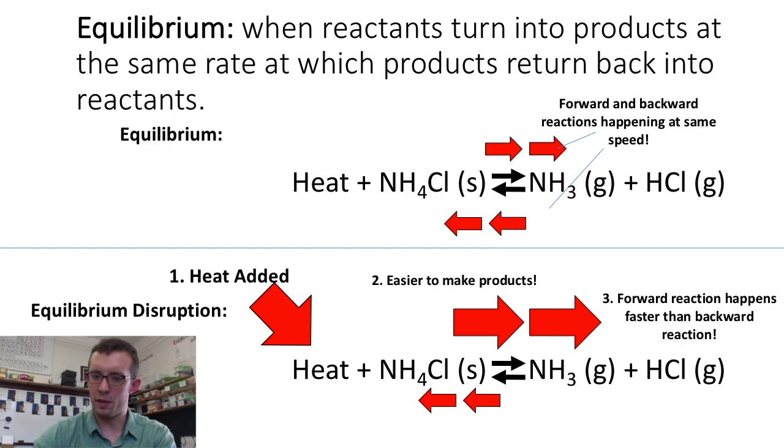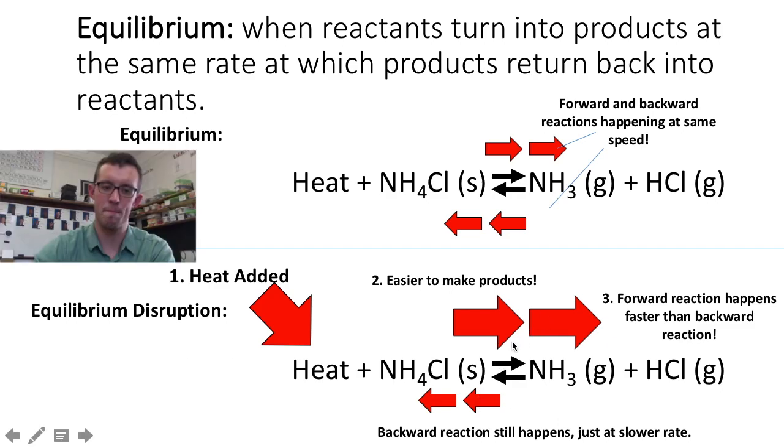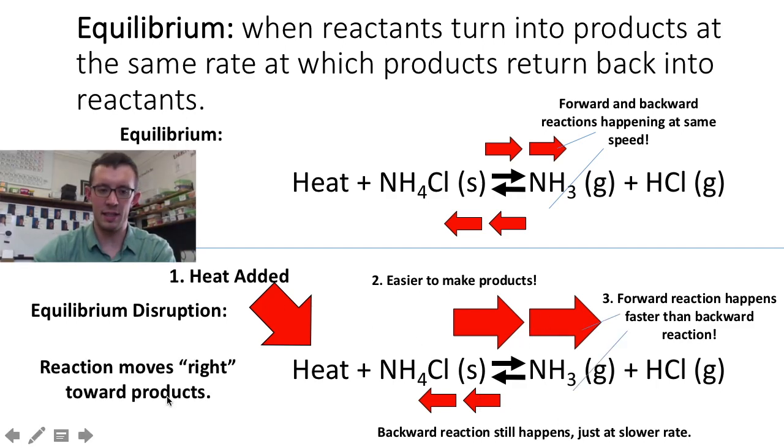And so as a result, the forward reaction would be happening at a faster rate than the backward reaction. The backward reaction would still be happening, but just at a slower rate. And so we'd say that this reaction moves right toward the products, that the general movement is to the right.